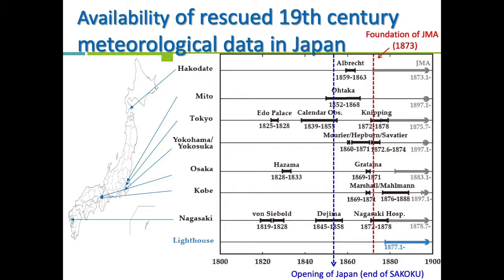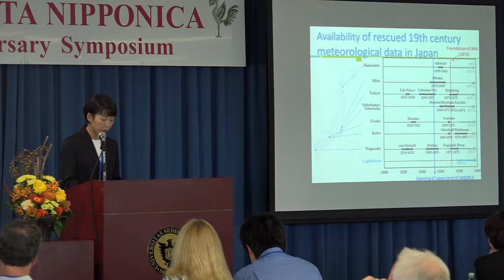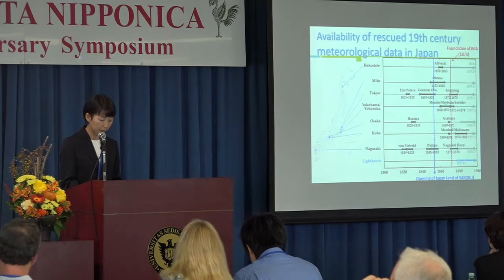In the early 19th century, before opening of Japan during the Sakoku, observations were taken by Dutch scientists such as von Siebold, also by the chief of the trade factory in Dejima, Nagasaki, who had the only permission to come and stay in Japan to make trading at that time.